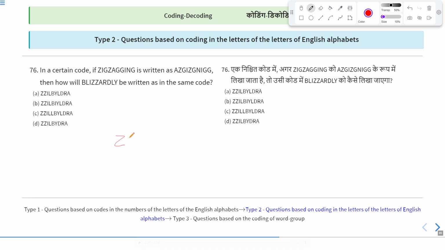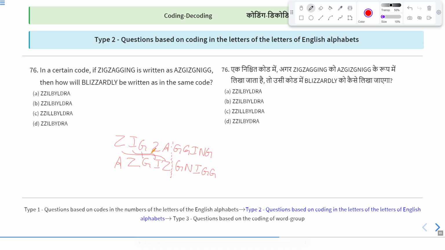Inserting letter zigzagging comes A, Z, G, I, Z, G, N, I, G, G. Taking this in half, what I'm seeing here is Z, I think this is the one.